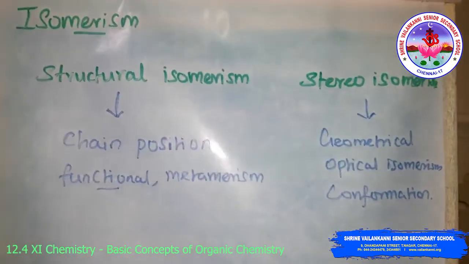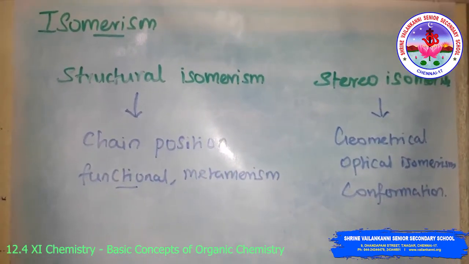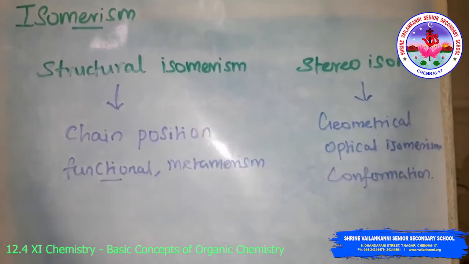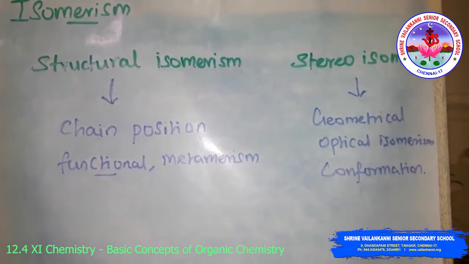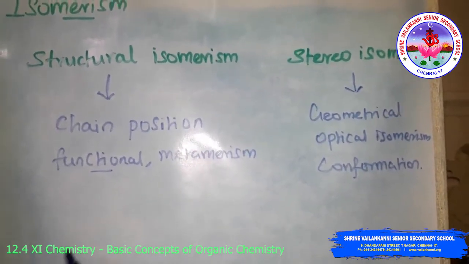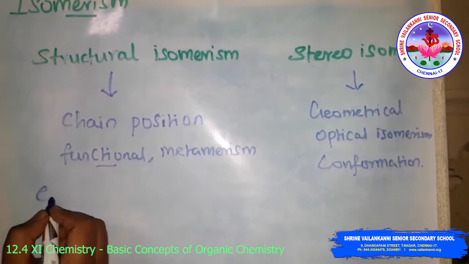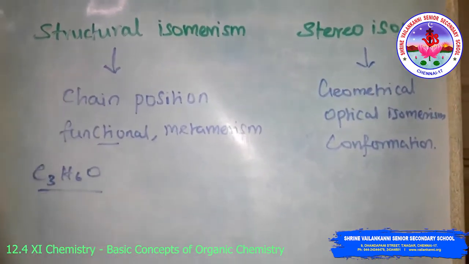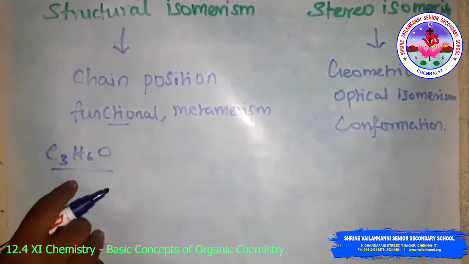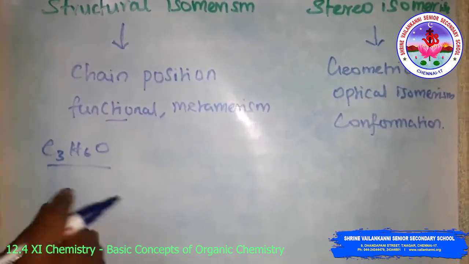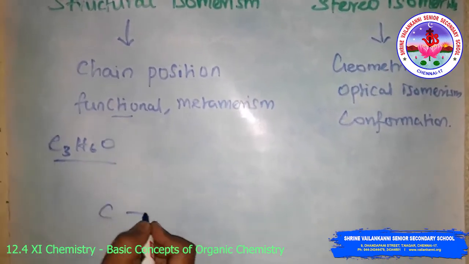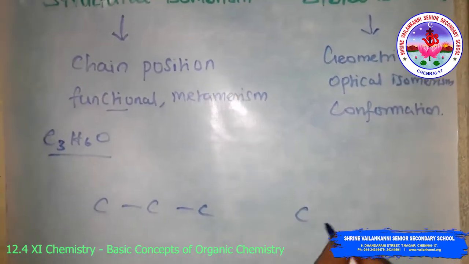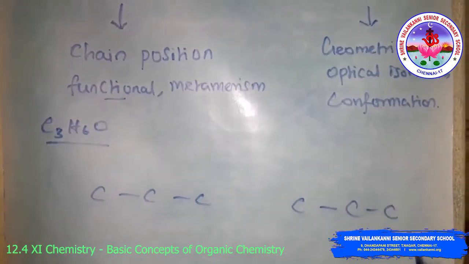In functional isomerism, two or more compounds having the same molecular formula but different functional groups are called functional isomers. For example, the molecular formula C3H6O. Here the aldehyde and ketone functional groups we can write, with 3 carbon atoms each.